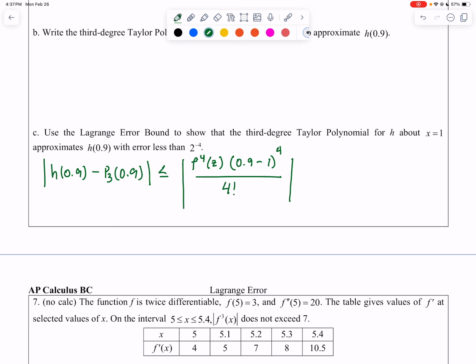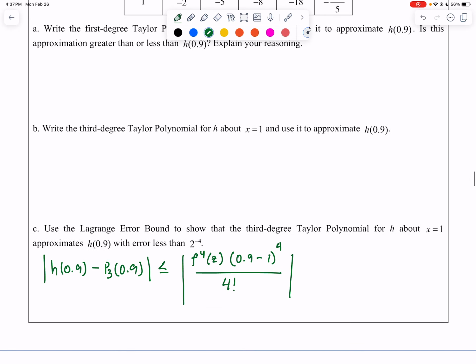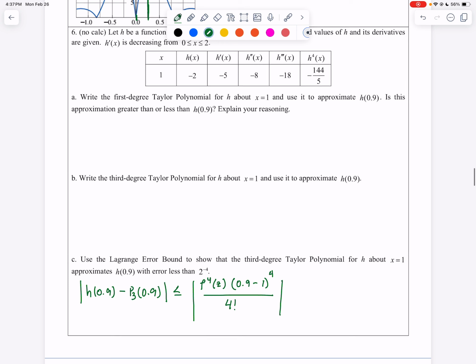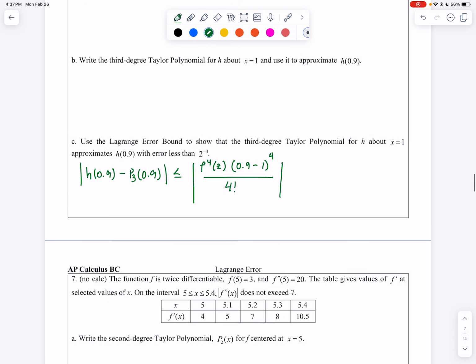Okay, so I need to figure out what my fourth derivative of z is. Well, if I were to look at my table here, lucky us, they gave it to us. Yay. Because they gave it to us, we know that my fourth derivative at z is going to be 144 over 5. So now I have 144 over 5.